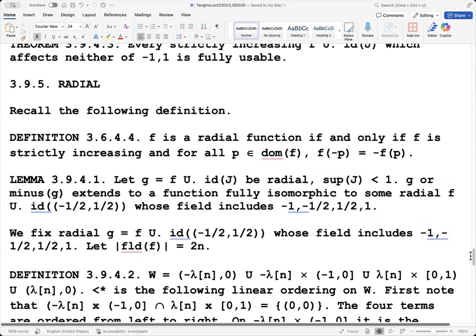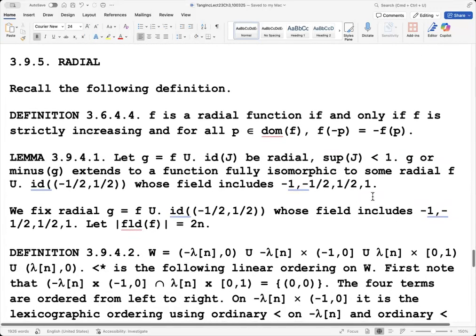And the way this works, I don't want to say too much about this because I want to go on, but it's the same technique, but we use a simpler space. Here's the space from minus lambda.